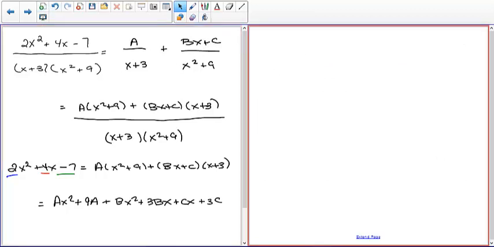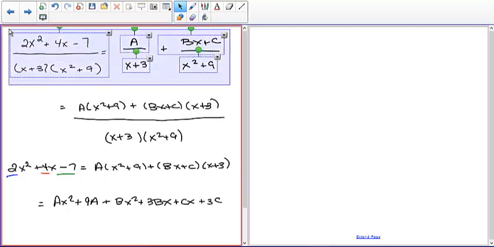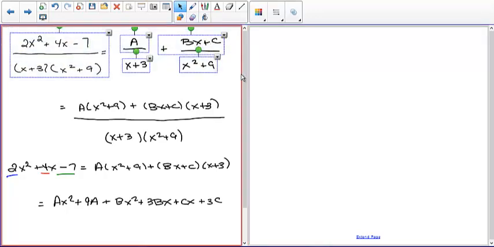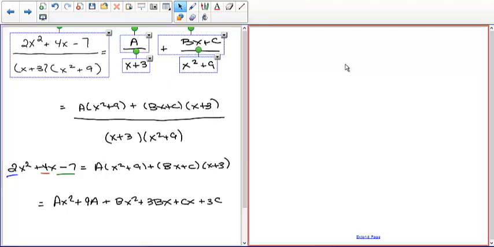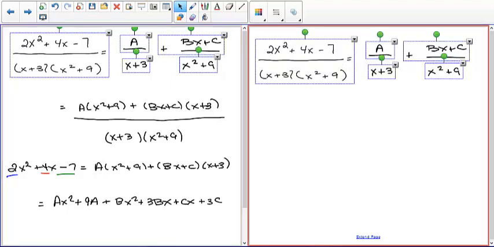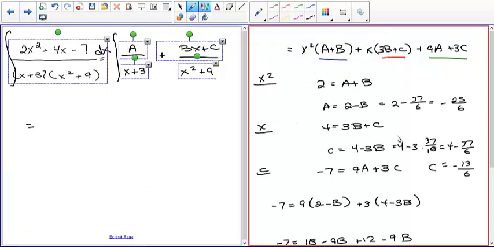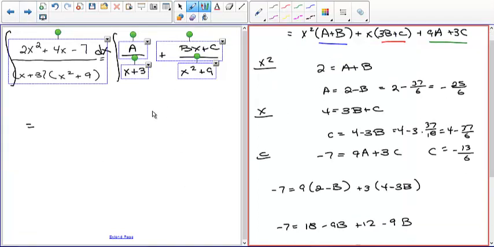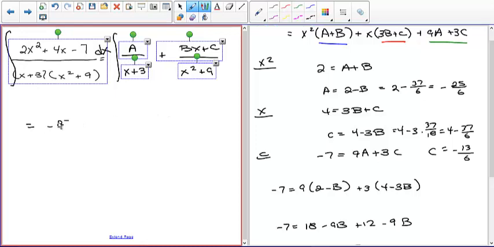So what that means now is that the original thing that I was integrating, if I wanted to integrate this now, let's see what I'd end up doing. The integral of this is the same as the integral of these two things. Let me get my numbers now. A is negative 25/6. So I'd have negative 25/6 times the integral of 1 over x plus 3 dx.